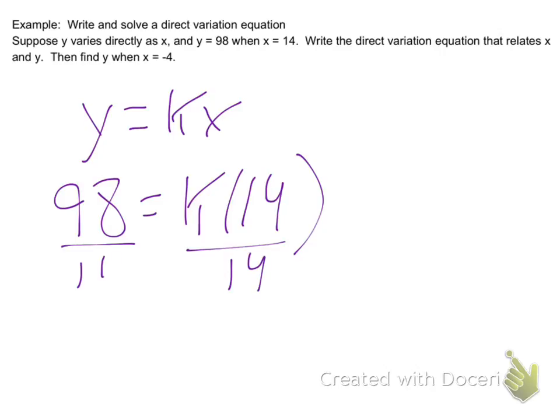We should be past that point. Boom. k is equal to 7. So we just wrote our equation, right? No, we did not write our equation. We found k, or the constant, aka the slope. We did not write the equation.